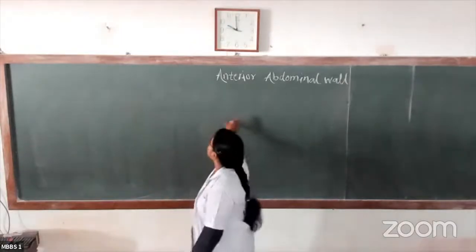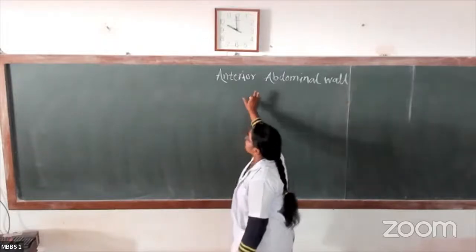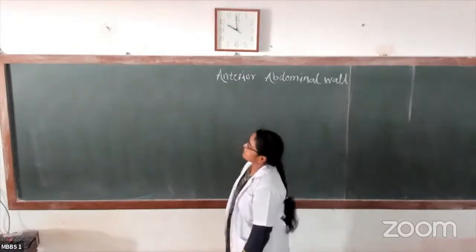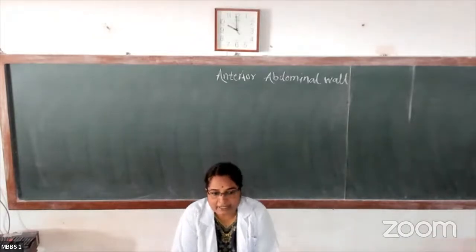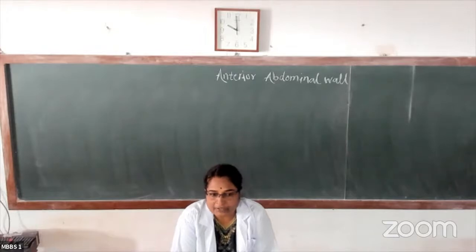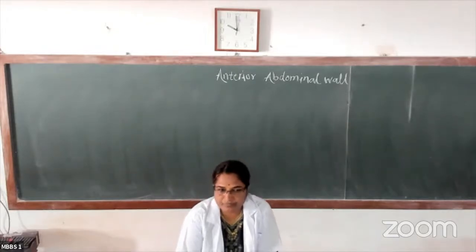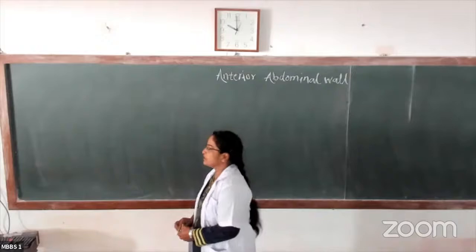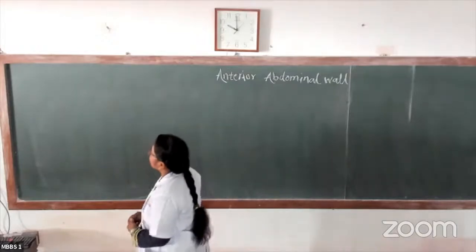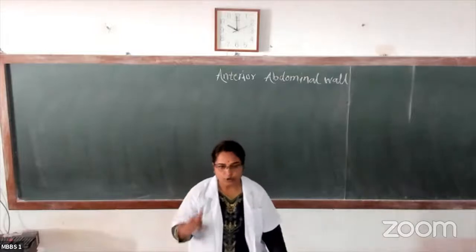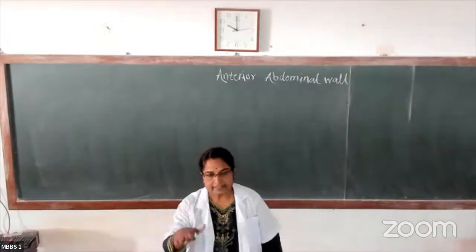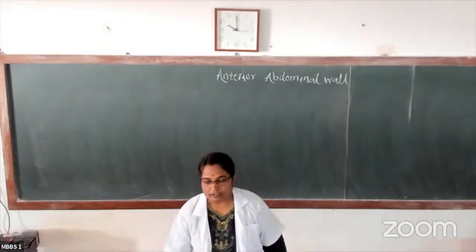The abdominal cavity has an anterior wall, lateral wall and posterior wall. The term anterior abdominal wall, to be more specific, consists of anterior as well as lateral walls. That means it is in fact the anterolateral abdominal wall. This abdominal cavity has a roof, a floor, and anterior, lateral and posterior walls.